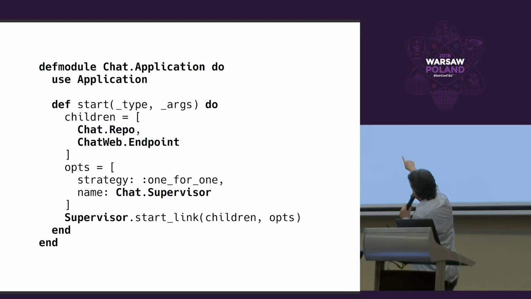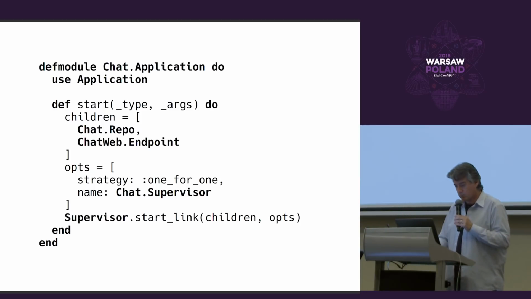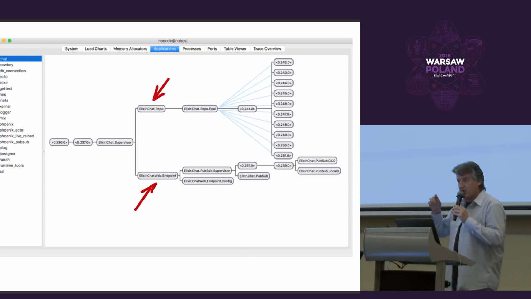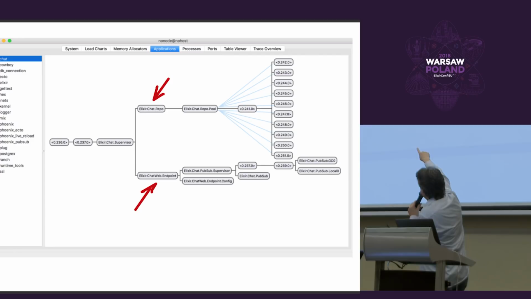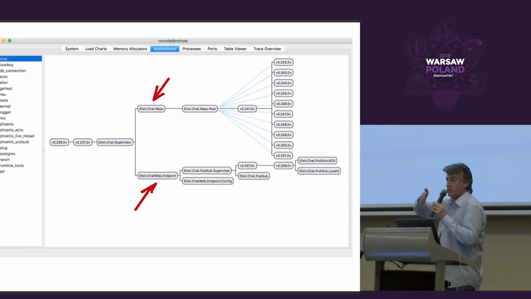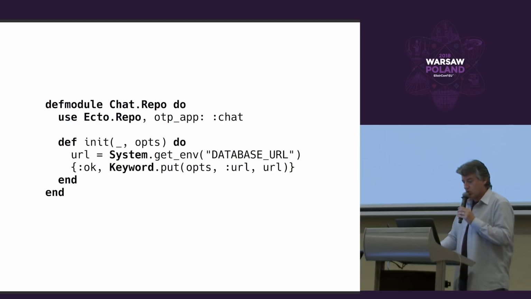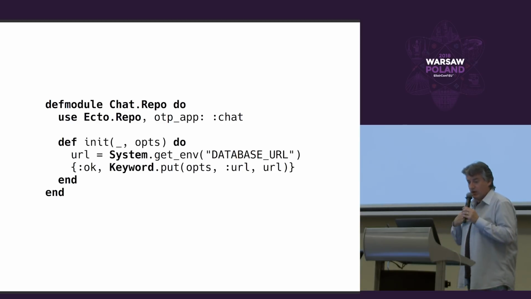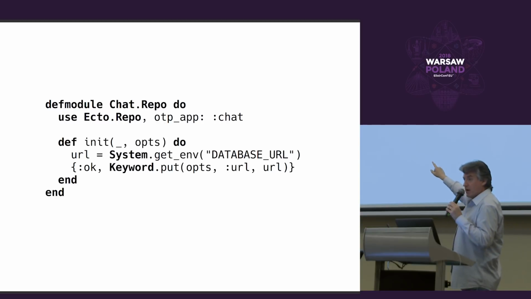The children are the repo and the endpoint. So quickly, when you launch the server, those two are these two. Okay, these things are started from left to right. All right. So the repo is declared this way. The using macro for Ecto repo does a number of things.